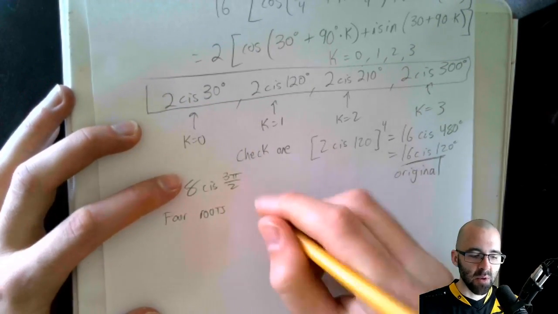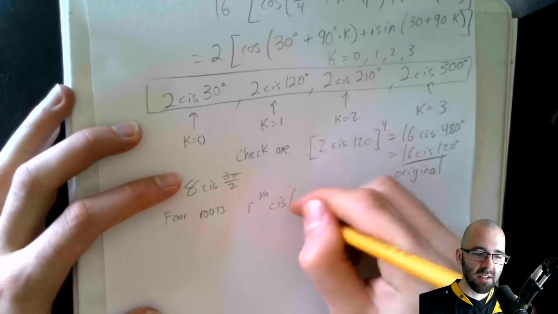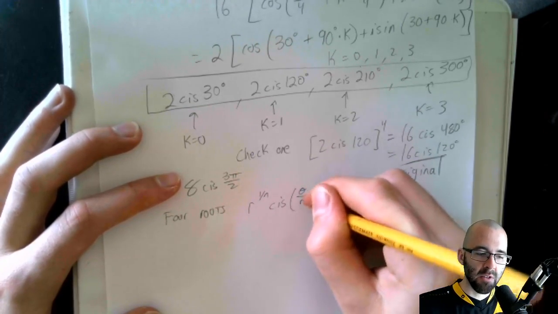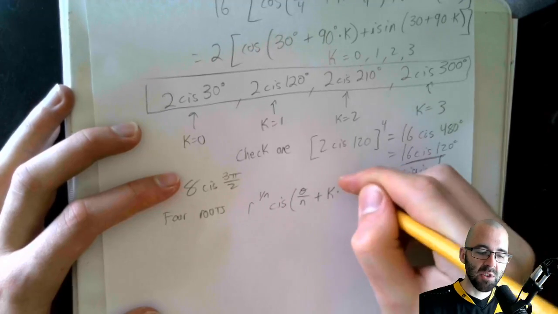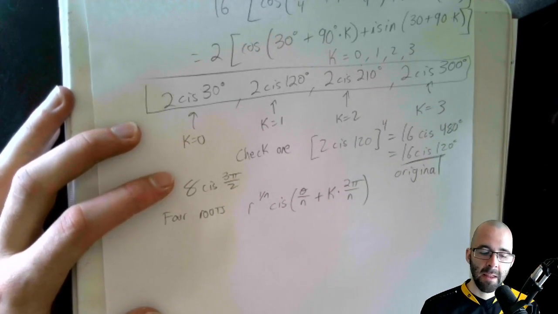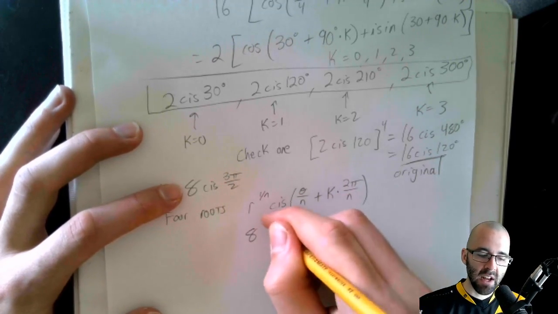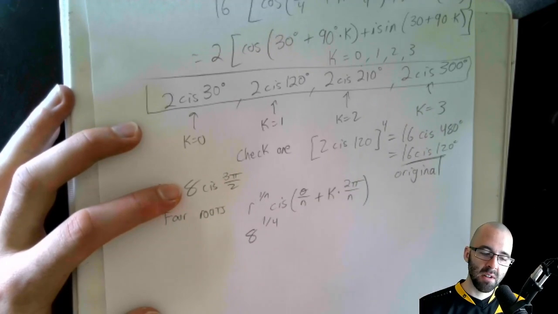We can just copy down the formula. It's r to the 1 over n times the cis theta over n plus k times 2 pi over n, right? So r is just 8, so we get 8 to the 1 over n. N again is 4.